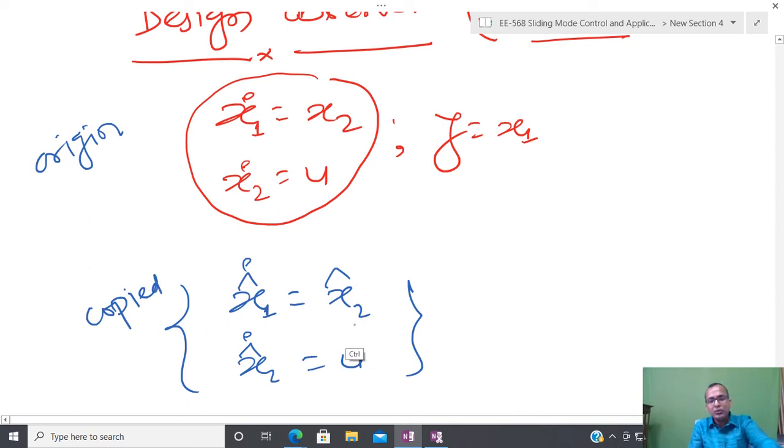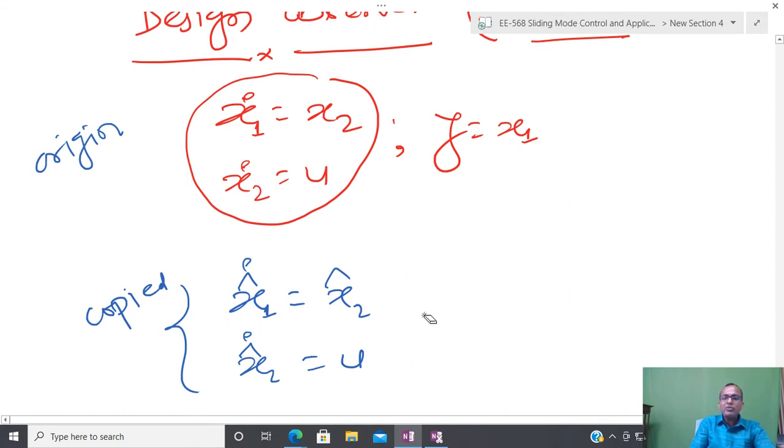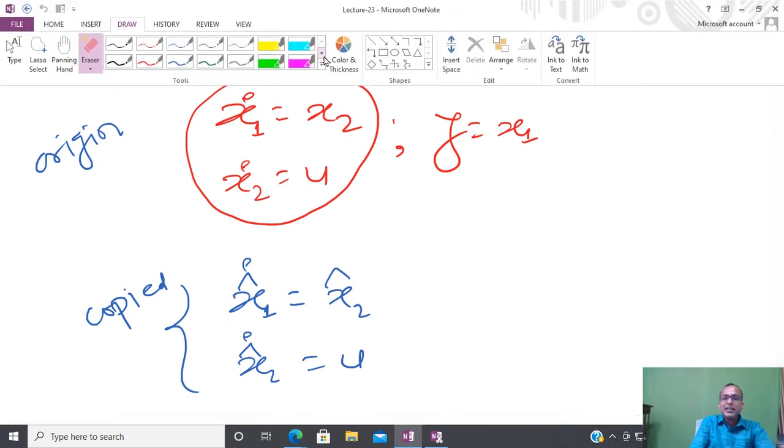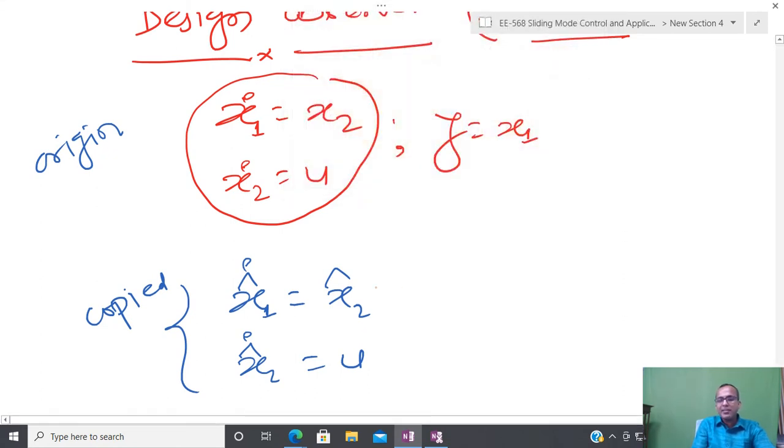Now I am going to do a certain kind of correction in this copied system, in such a way that after a very large time I am going to show that the copied system starts behaving like the original system. The idea is that since these two systems are not exactly equivalent, whatever information you have, you try to add that information here, and that is called the correction term.